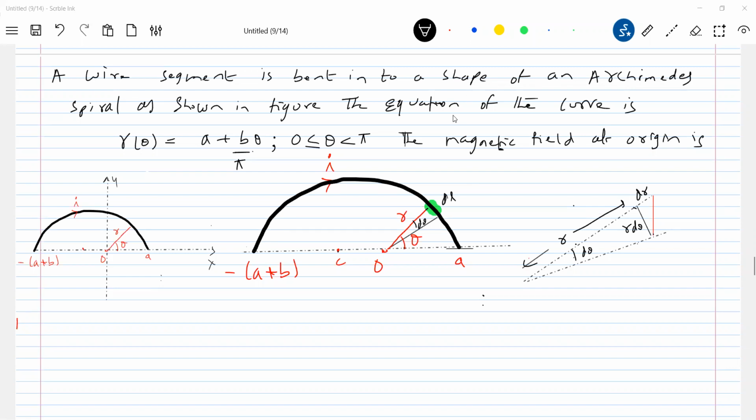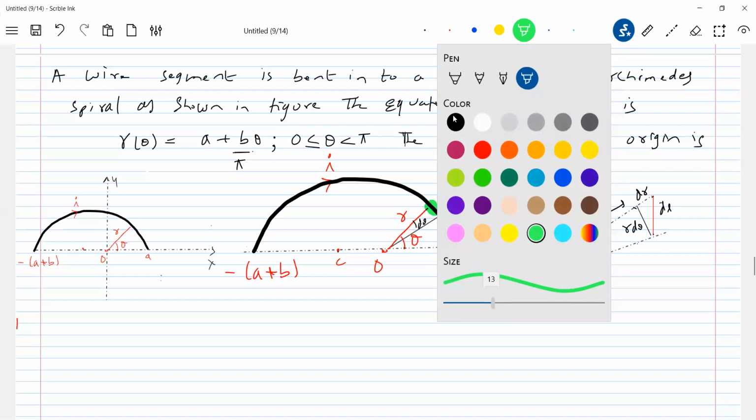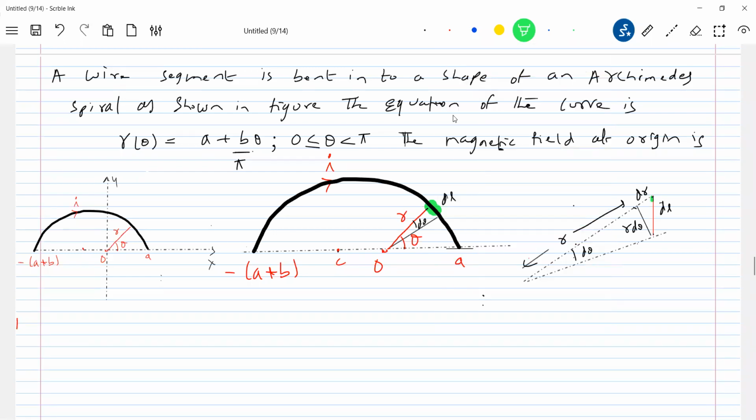Because as you move, the radius should increase with respect to O. With respect to C, it will be the same. Able to make it out? So what is dl? To bring that triangle, I just brought it here. That green colored strip is the dl.